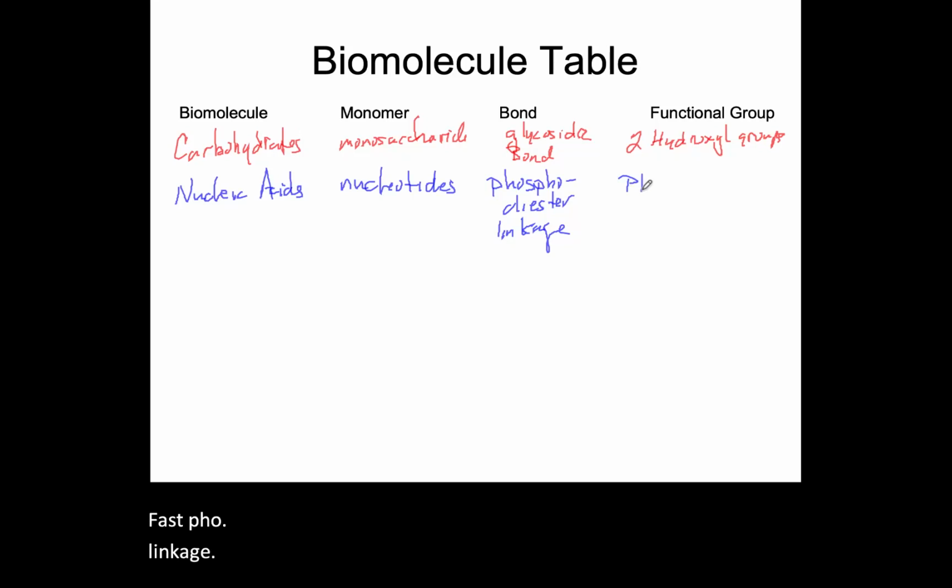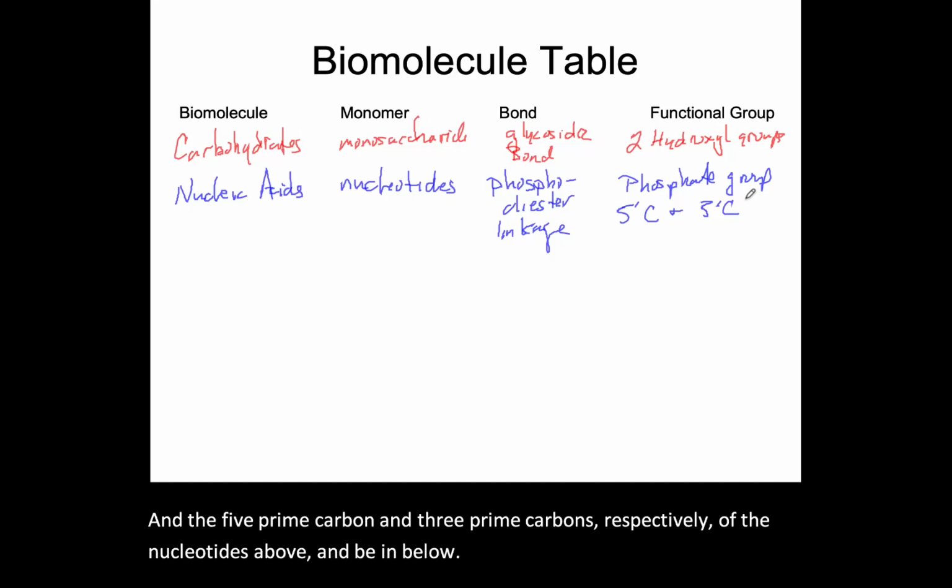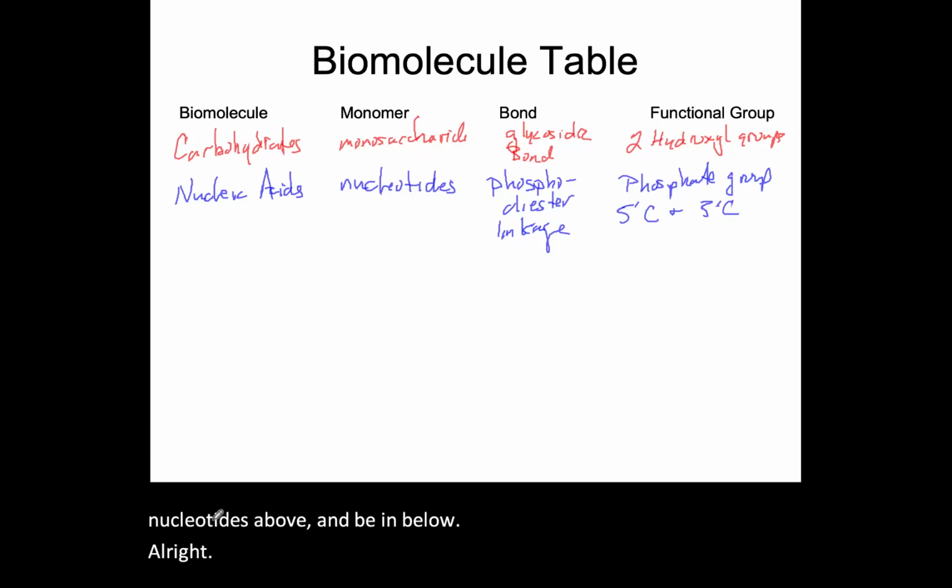And remember, it's the phosphate group and the 5' carbon and 3' carbons, respectively, of the nucleotides above and below. All right.